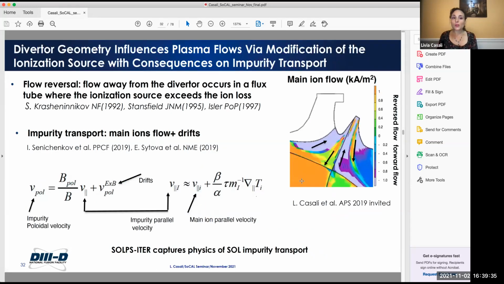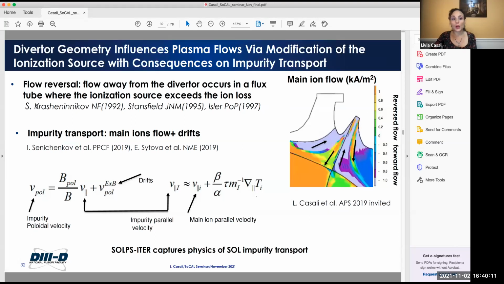The reason why this is important is because divertor geometry influences the plasma flows via modification of the ionization source, and this has important consequences on impurity transport. A flow reversal, a flow away from the divertor, so in this case the orange, blue and green zones that you see here, occurs in a flux tube where the ionization source exceeds the ion loss.